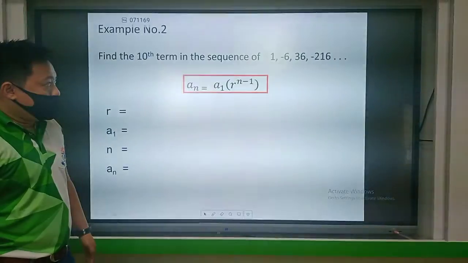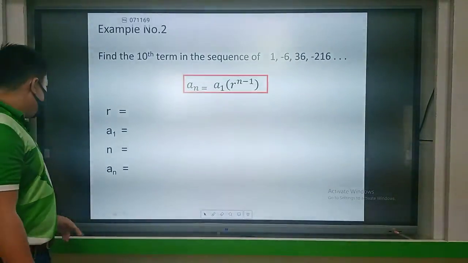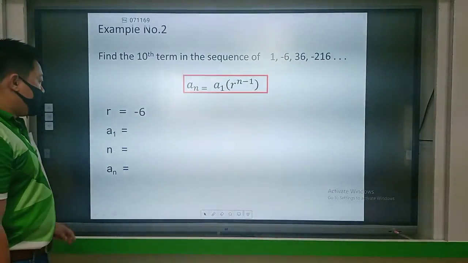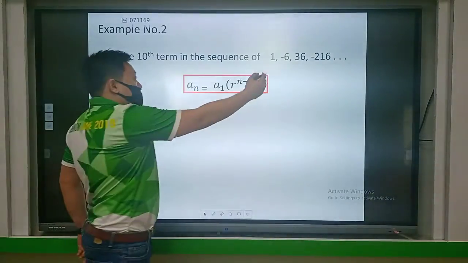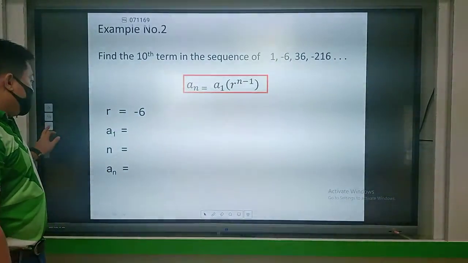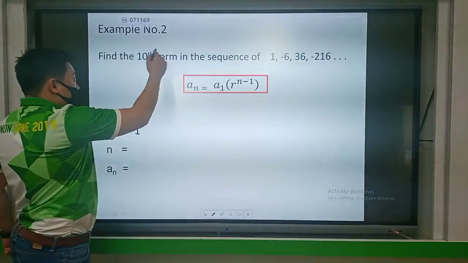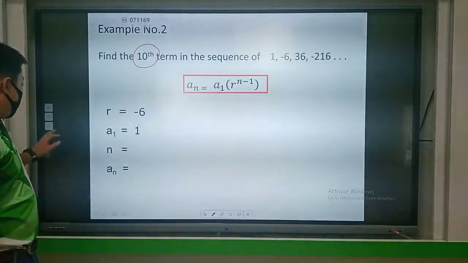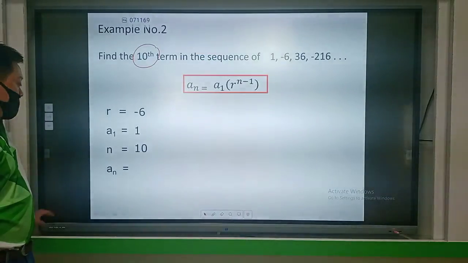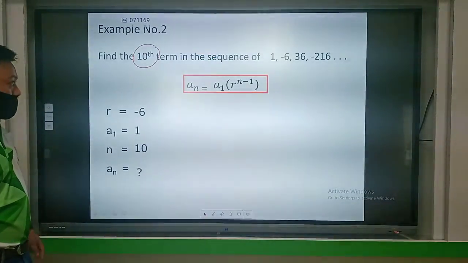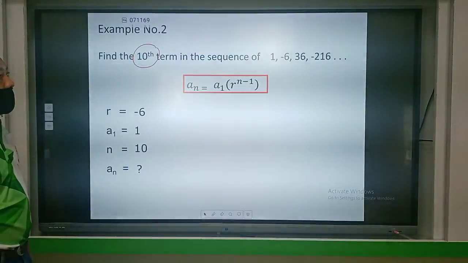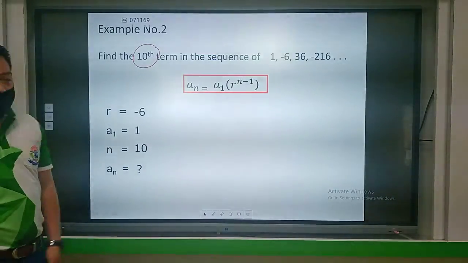We multiply by -6, so our r is -6. The first term is 1. We're trying to find the 10th term, so n is 10, and we still don't know a sub 10 or a sub n. So we have all of the information.